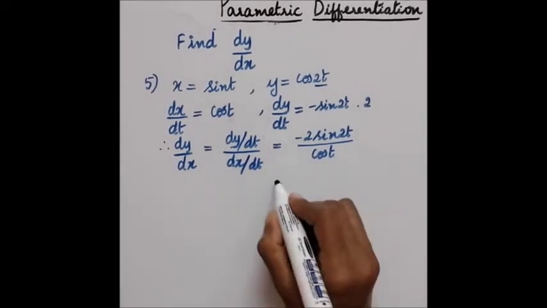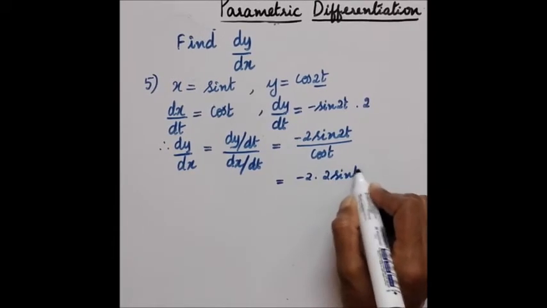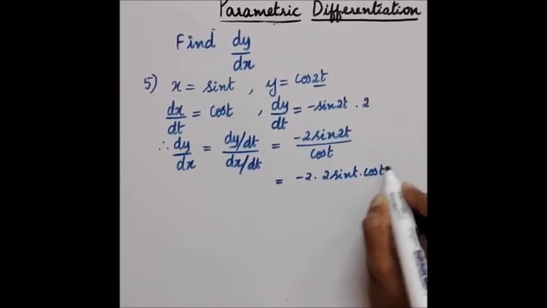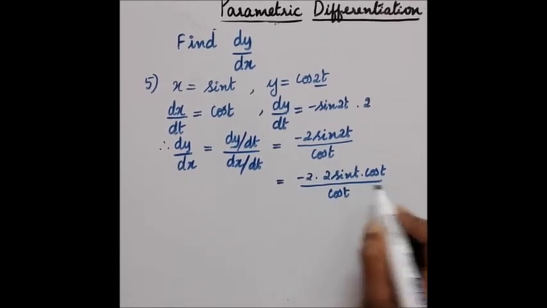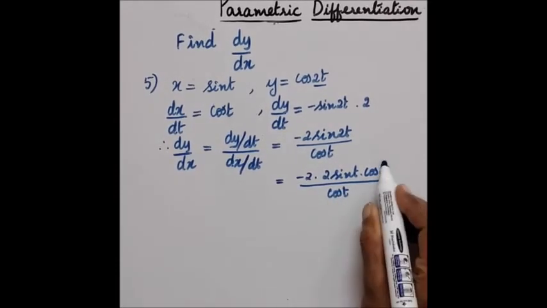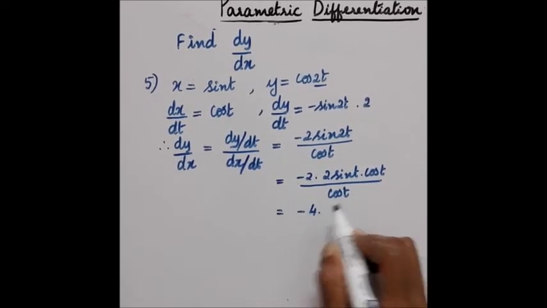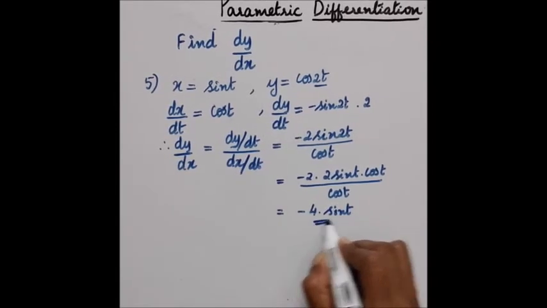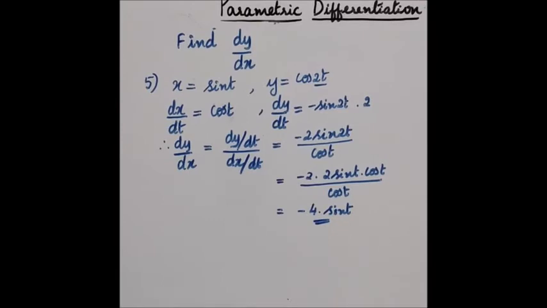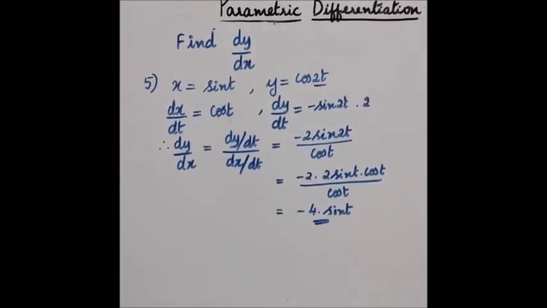So minus 2 into 2 sine t into cos t divided by cos t. So what happens here? Cos t gets cancelled. So we get minus 4 sine t. So that is dy by dx for the given equations.